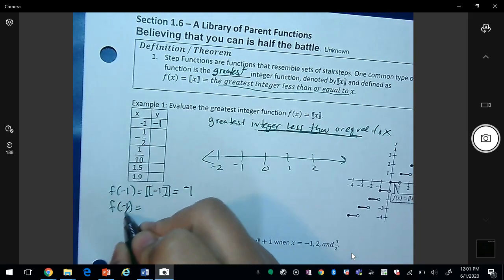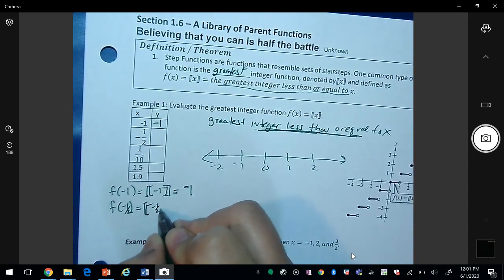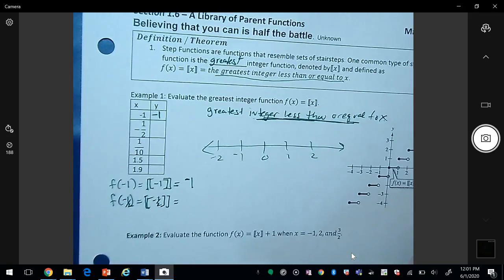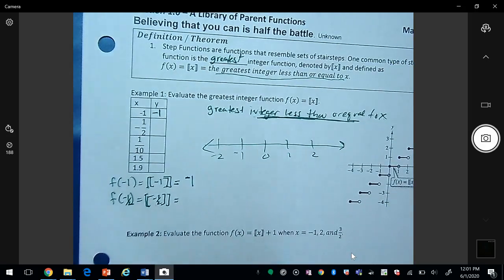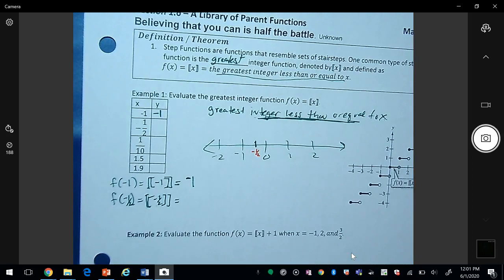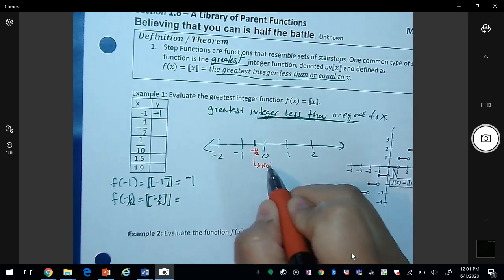If we plug in -1/2, then -1/2 is not an integer. So -1/2 is located right here. Okay, and this is not an integer.